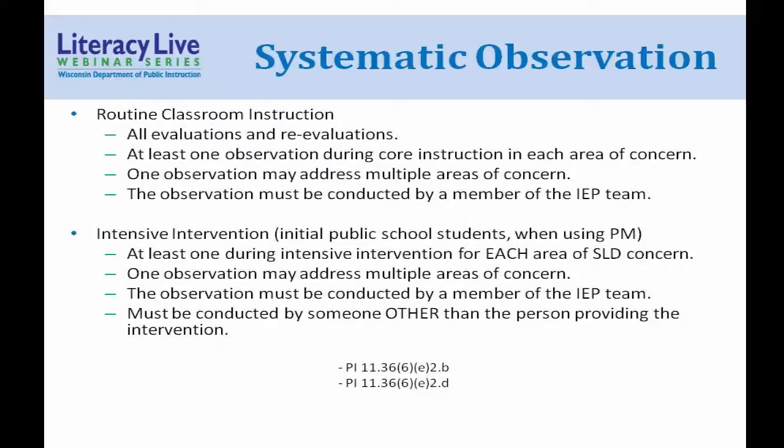by the Wisconsin rule. In the literature, systematic observation generally refers to a method of measuring classroom behavior related to a student's learning using direct observation in a natural setting.